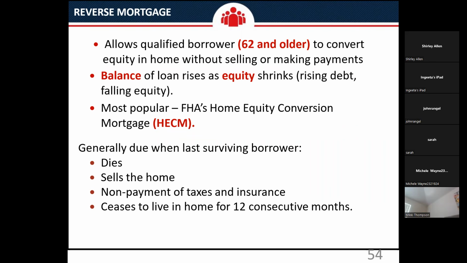How it works is generally the money comes due once you've gotten a HECM when the last surviving borrower either dies, sells the home, stops paying for the other things they still have to pay for, which are the upkeep of the house, the taxes and the insurance, or ceases to live in there for 12 consecutive months.